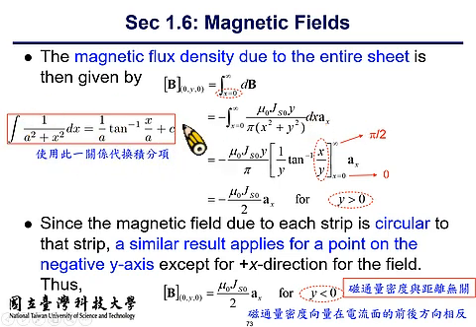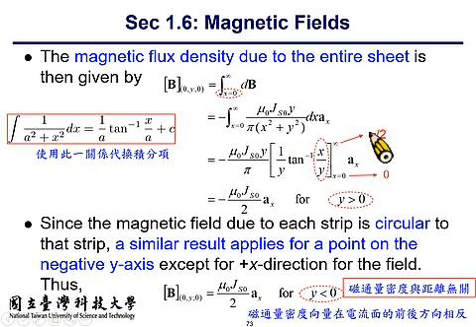So using this relationship, you can replace the x as arctangent of x over a, so that you can replace the variable, replace the integrand from x to angle, and the limit of this angle alpha is from 0 to pi over 2. So the limit was changed.